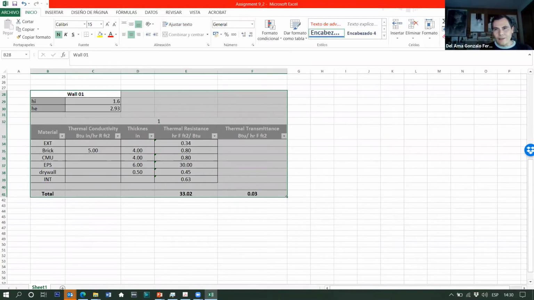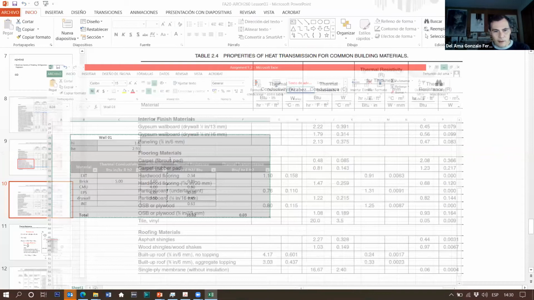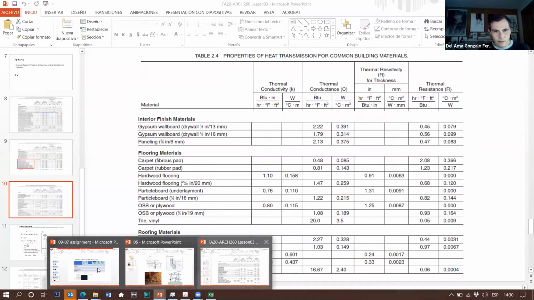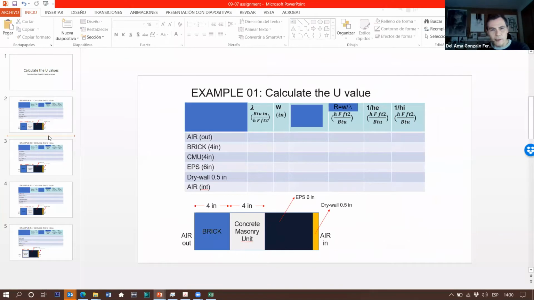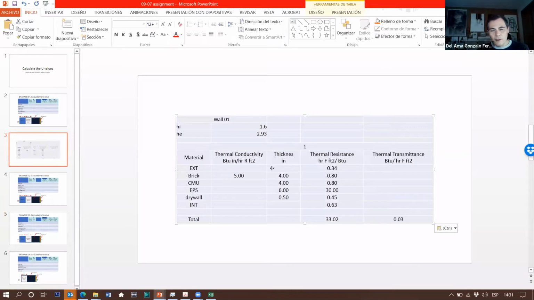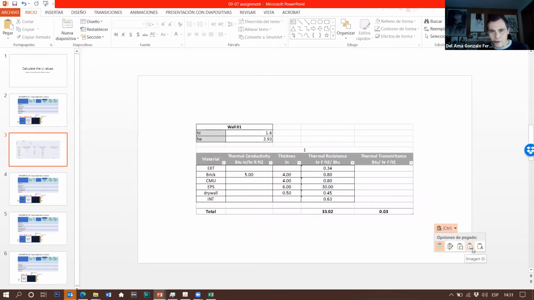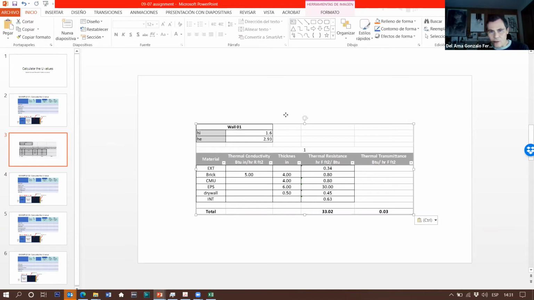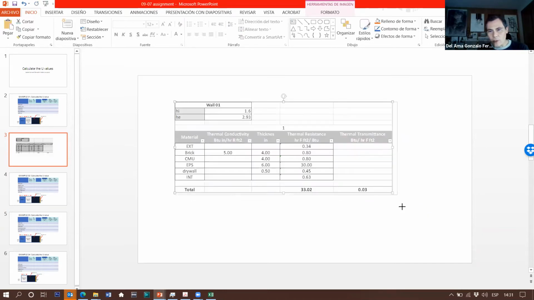But if you are working on an exam, or preparing a report, you can copy this table and insert it in PowerPoint. You click here, on a blank page, you paste, and you have this format. If you select this image, you copy exactly the same format that you have been working with in the Excel file.